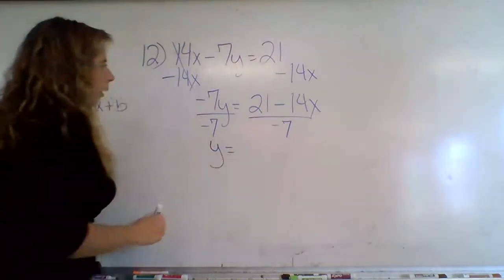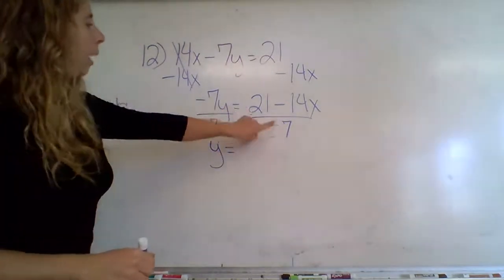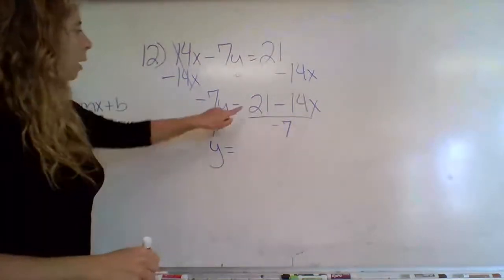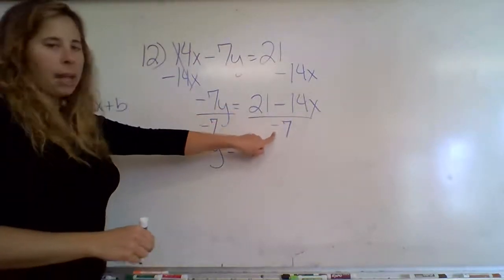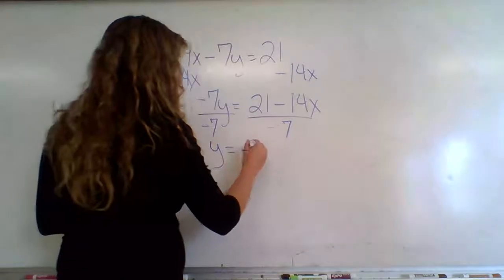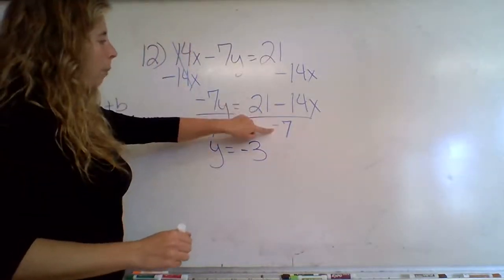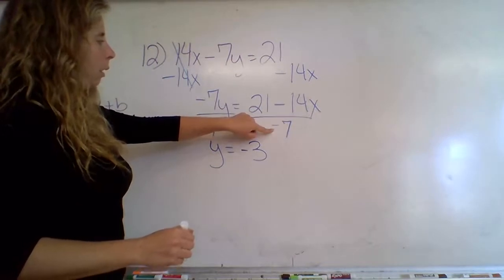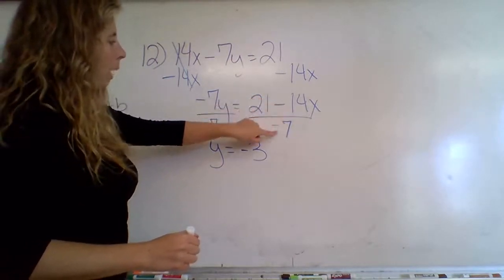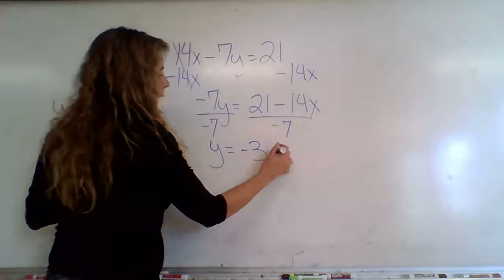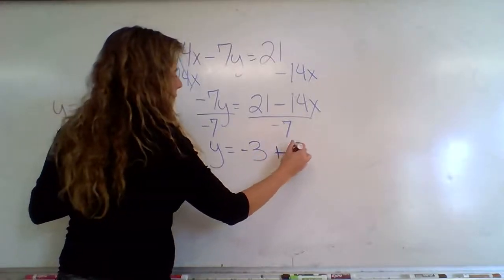Over here, you're dividing both terms by negative 7. 21 divided by negative 7 is negative 3. Negative 14x divided by negative 7 is going to be a positive 2x.